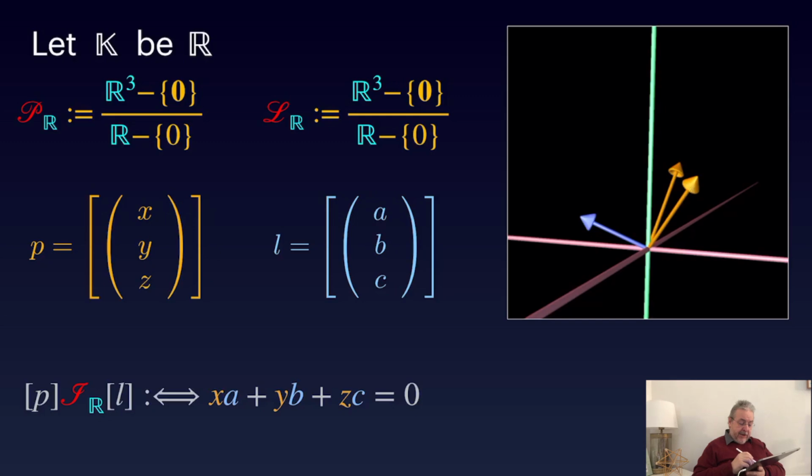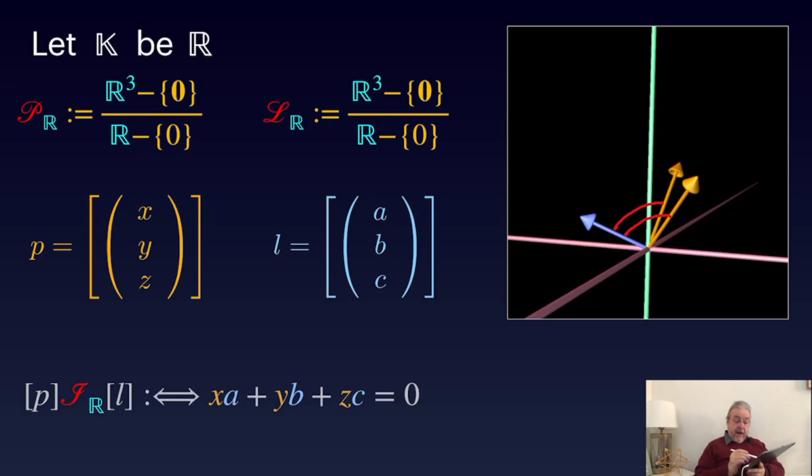In this picture you have essentially 2 vectors, the orange vectors, which represent points, and one blue vector, which represents a line. I will let these things move in a second, and you will recognize the orthogonal relations here.